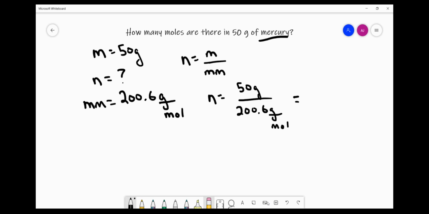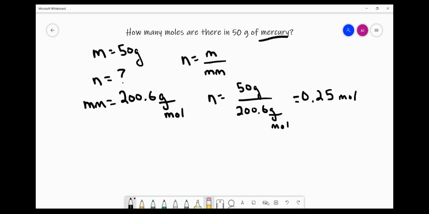Should I be getting something quite large or quite small? 0.25 moles. So about 1/4 of a mole. Remembering that when we just leave it as a short form for mole, that's just talking about a huge number of particles. But it's more convenient to leave it as a mole.